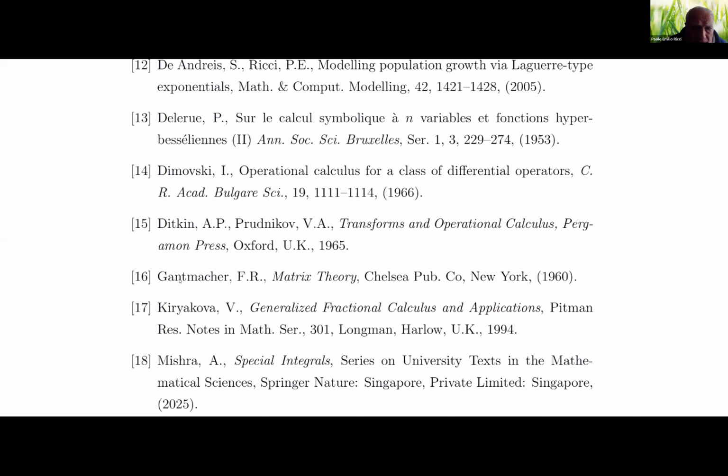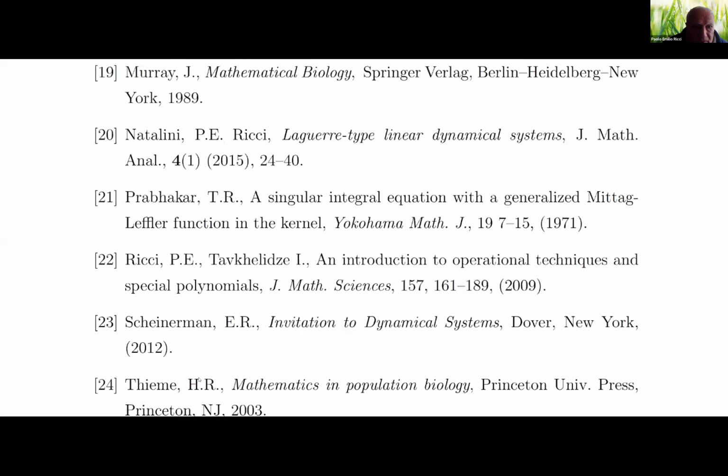This is Gamkrelidze, very famous in matrix theory, and also the book of Kiryakova, which recalls the preceding work of Delvaux, Dimovski, and Luchko. And there is a work by Mishra, in which the pseudo-exponential function is introduced.